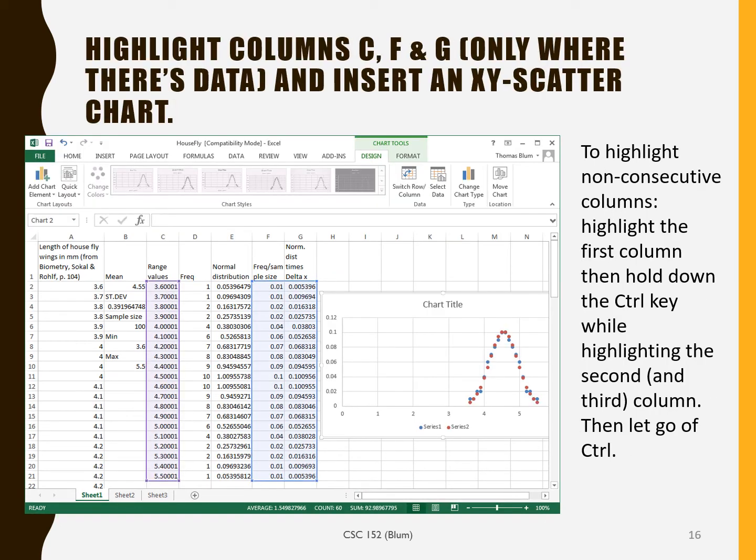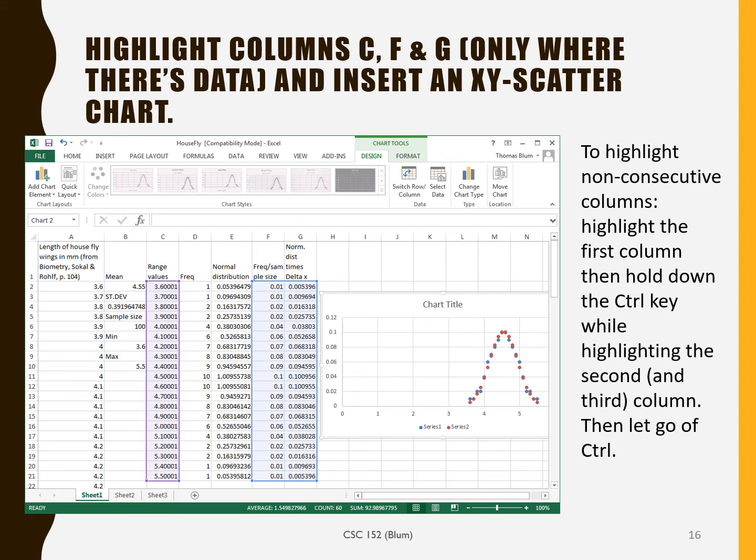So we are finally ready for this direct comparison. Our X values are going to be those bin values back in column C. And then for our Y's, we're going to have two sets of Y's, the normal distribution and those percentages.